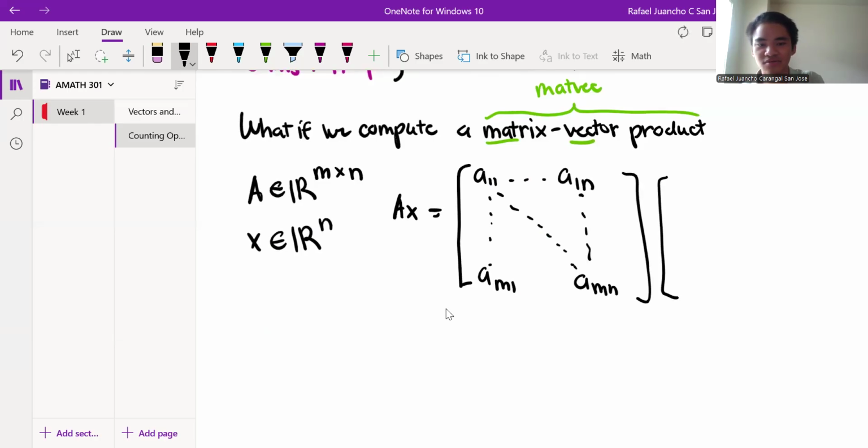And we're multiplying it by x1 all the way to xn.